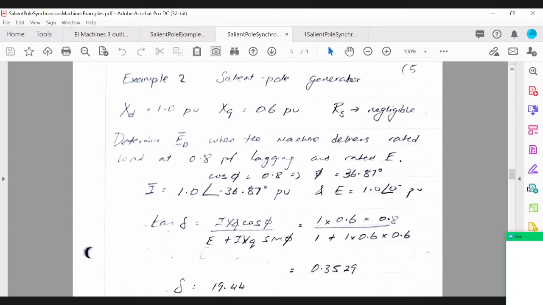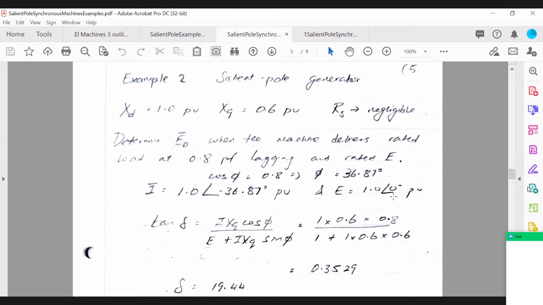And we know that it's lagging, so the angle will be negative for the current. Being full load, the magnitude is 1 per unit, and the angle is minus 36.87 from the power factor given. The machine is operating at rated terminal voltage, so your terminal voltage E will be 1 per unit, and as it's the reference, the angle is 0.